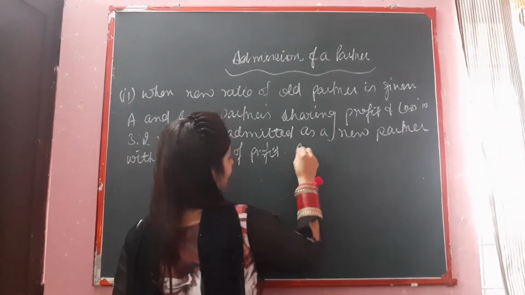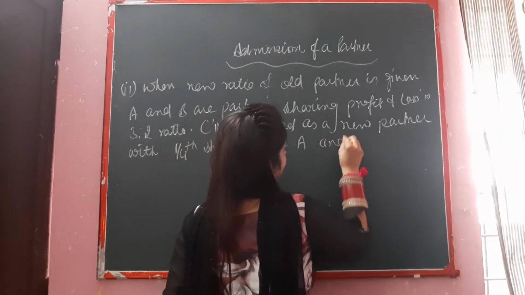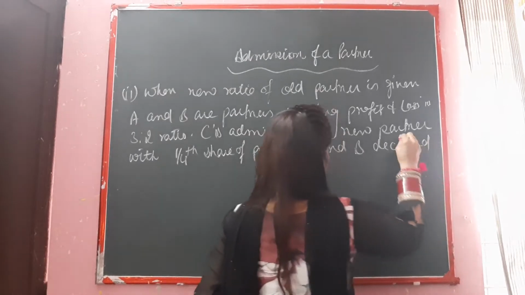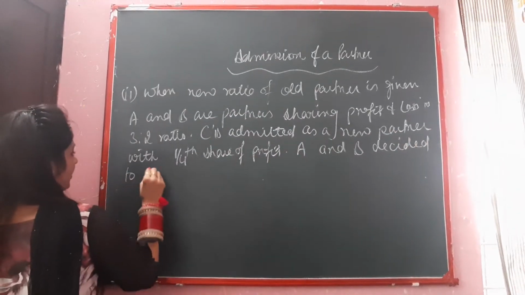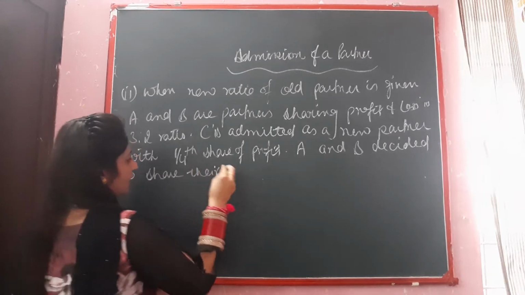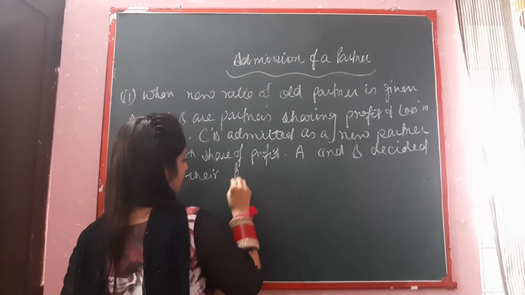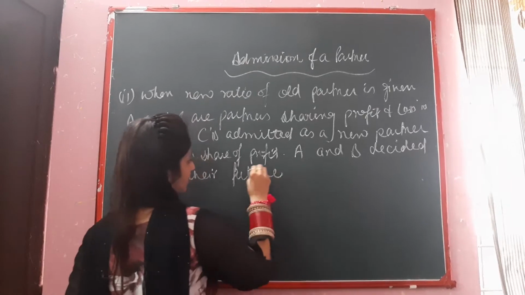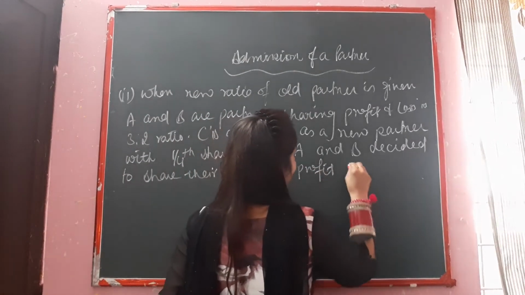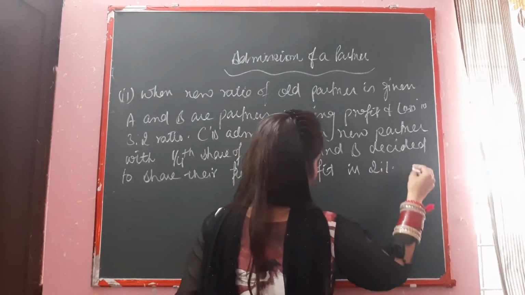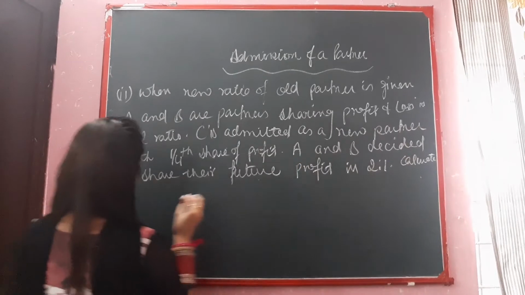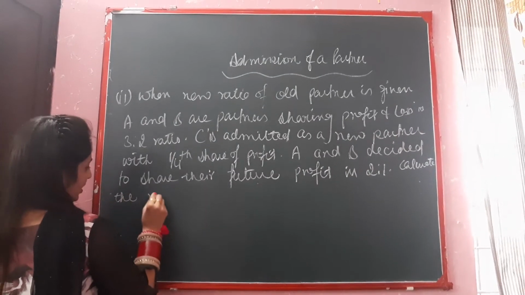A and B decided to share their future profit in 2:1. So we have to calculate the new profit sharing ratio.